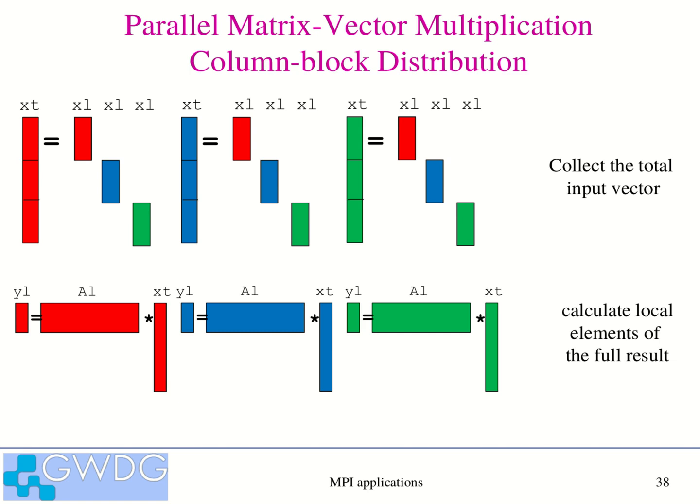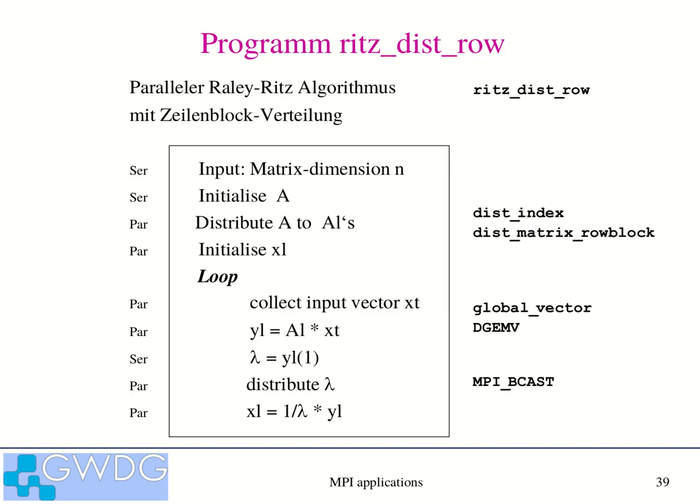That's a way to do this in parallel, parallel matrix vector multiplication with a row-wise distribution.